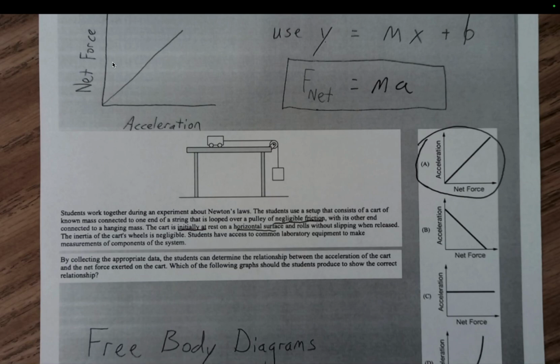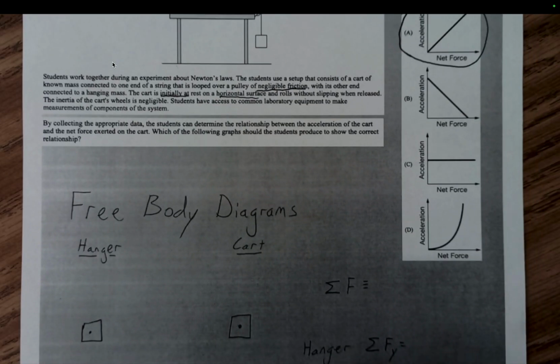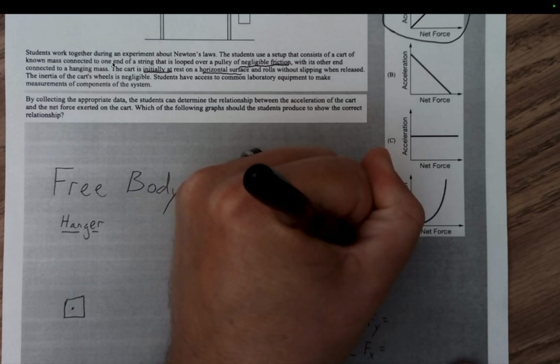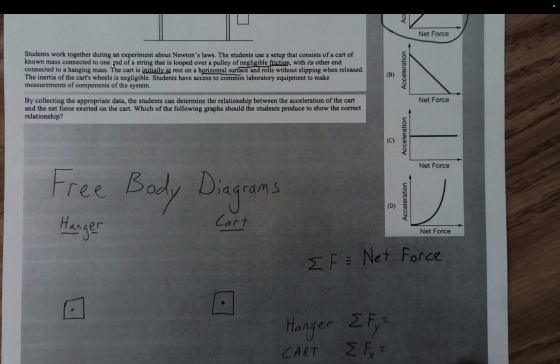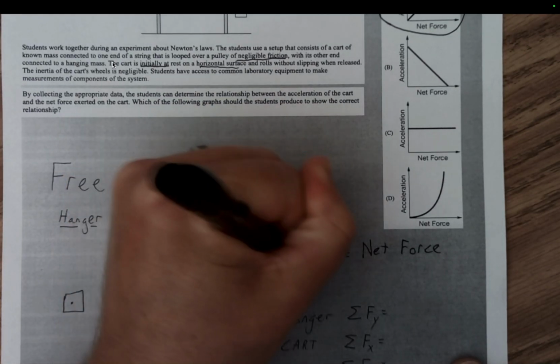And then from this, I want to get us into some free body diagrams and what this net force means. So this sigma F that we've been using signifies the net force. This net force is what we have when all the forces are added together.